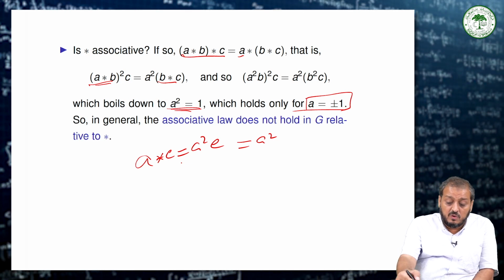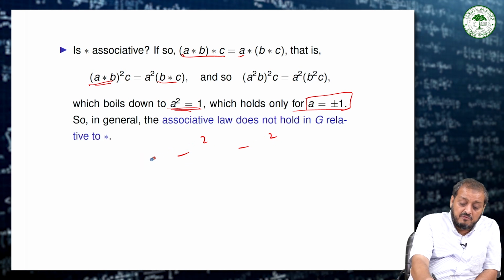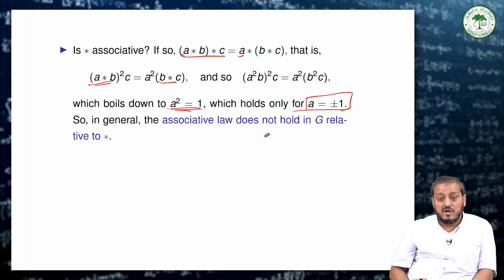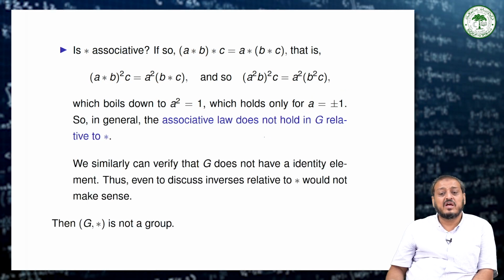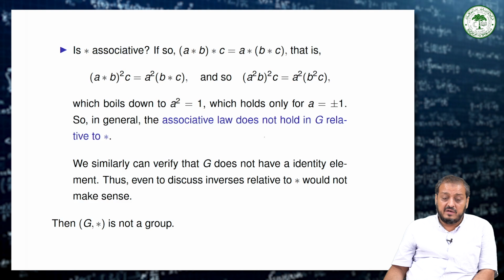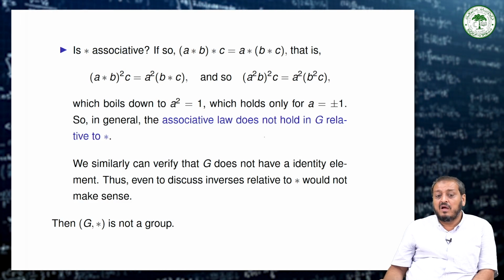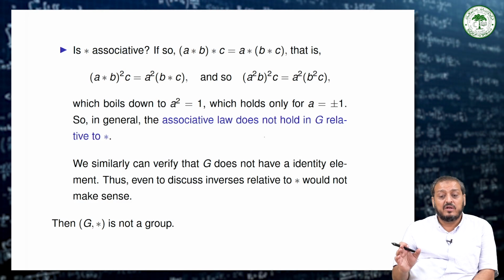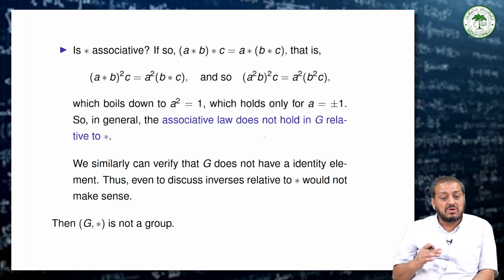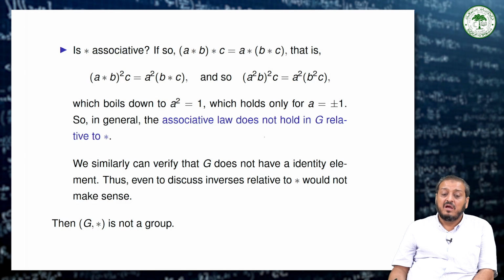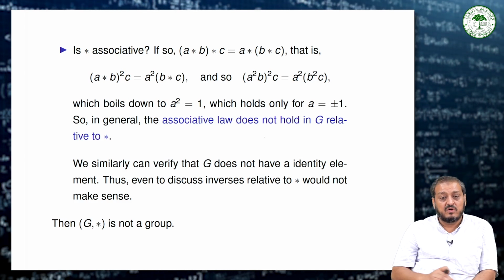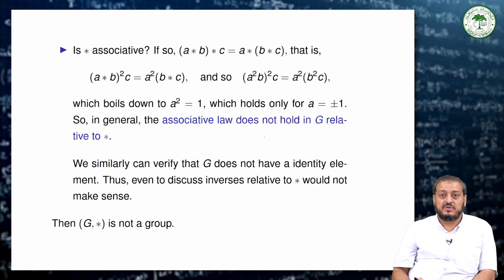So G does not have an identity element, and even to discuss the inverse relative to the star binary operation would not make sense. So G under this binary operation is clearly not a group.